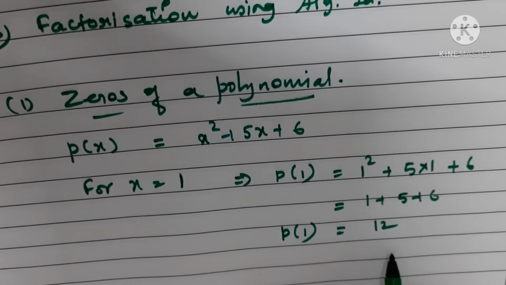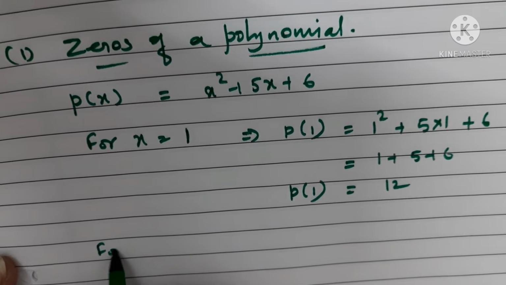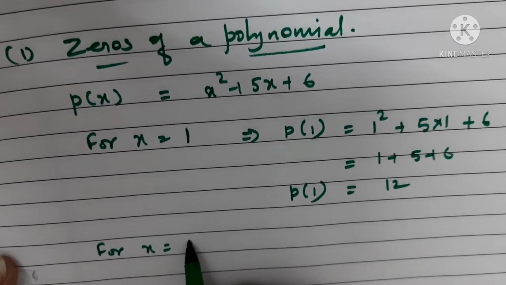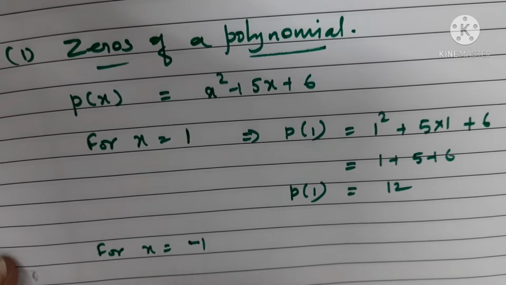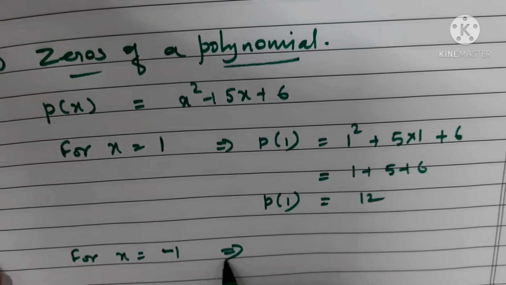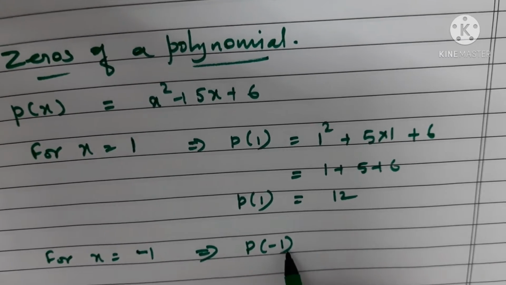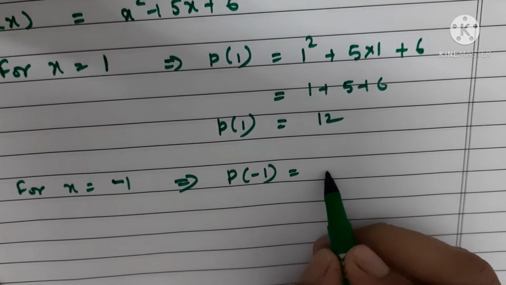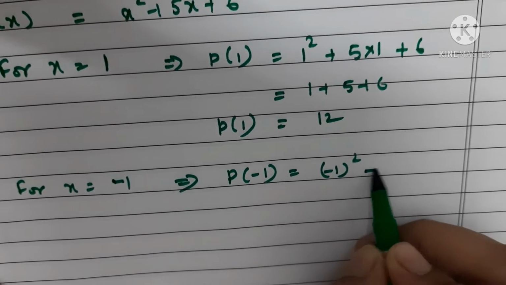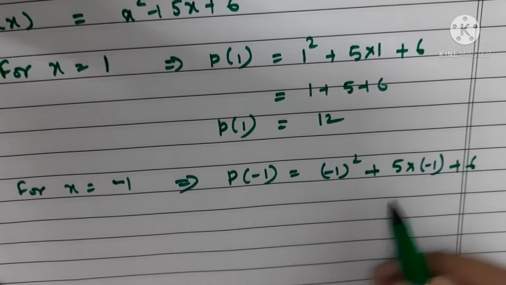Now let us keep some other number. Suppose x is equal to minus 1. If you put minus 1 instead of x in p(x), you get minus 1 whole square plus 5 into minus 1, and then plus 6.